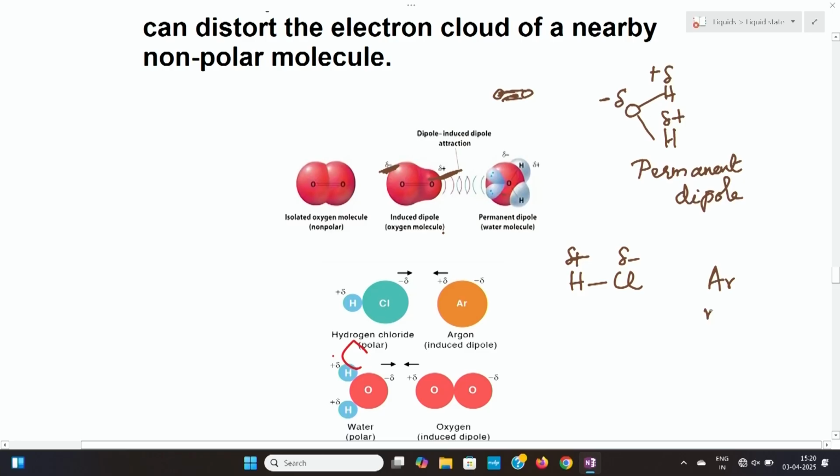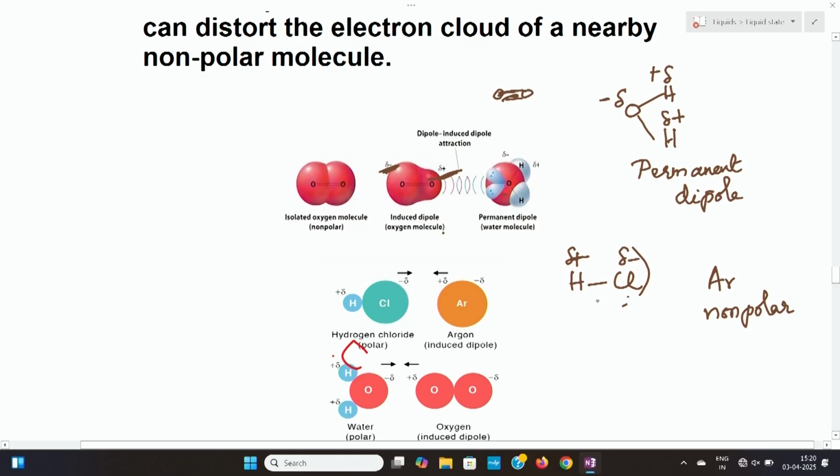And another molecule is here, that is argon, a nonpolar molecule, and this nonpolar molecule is getting a dipole because of the electric field of the hydrogen chloride.